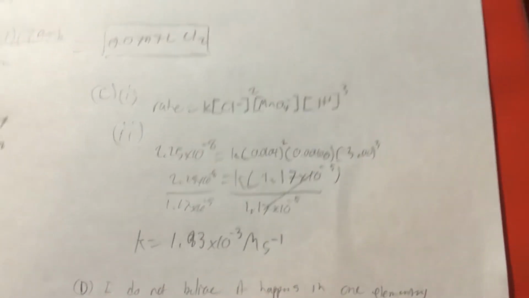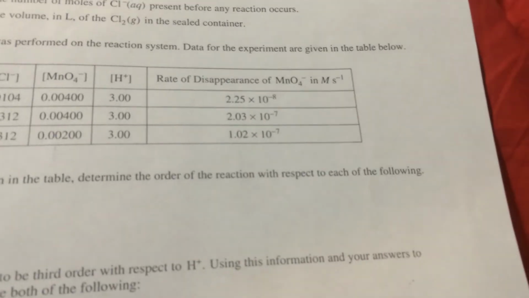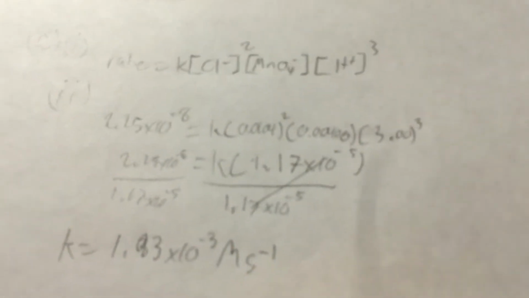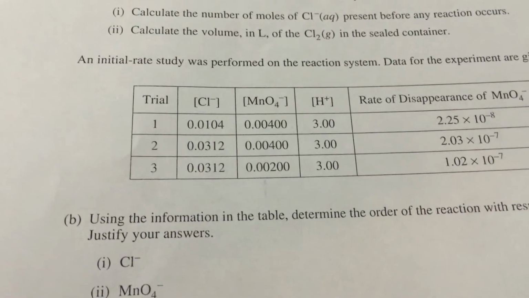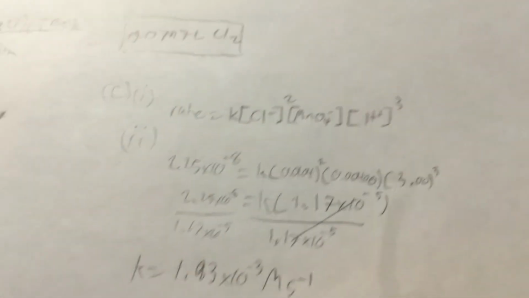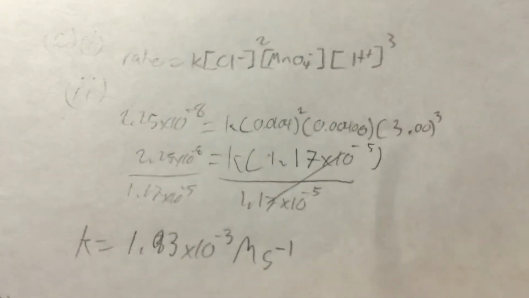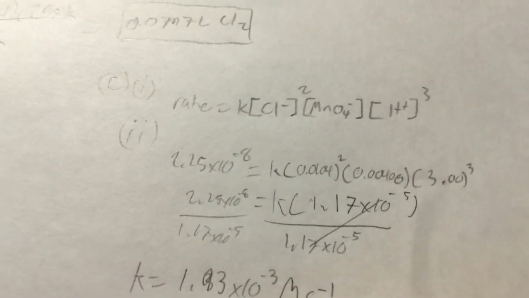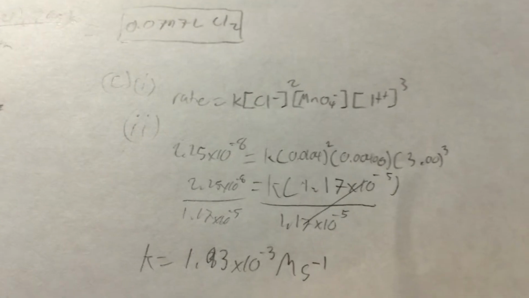So to do this, I selected the trial number 1 and used the rate of disappearance there and plugged it in for the rate. And then I went and got these numbers from trial 1, and put them into there, and squared the first one, did nothing to the second one because it's MnO4⁻ to the first power, and then cubed the H⁺ because it is supposed to do that.